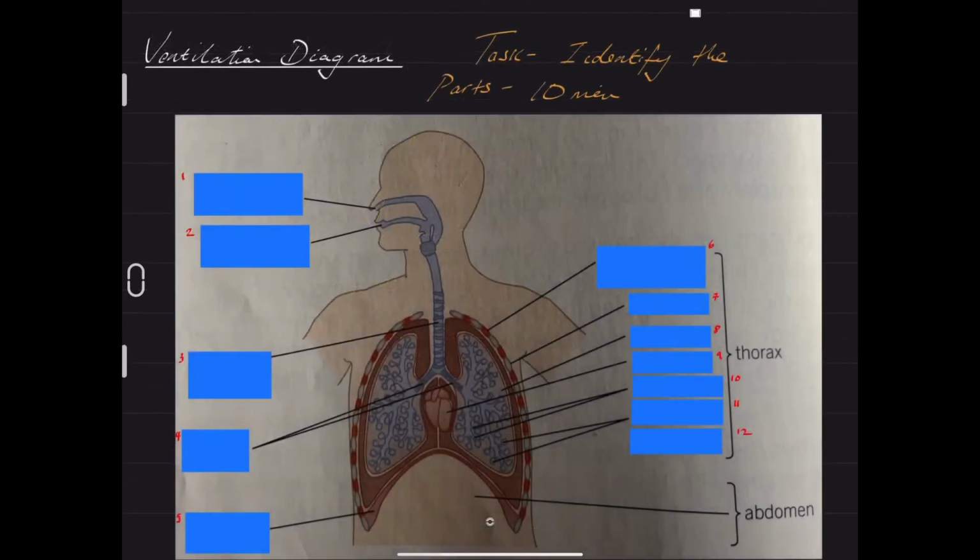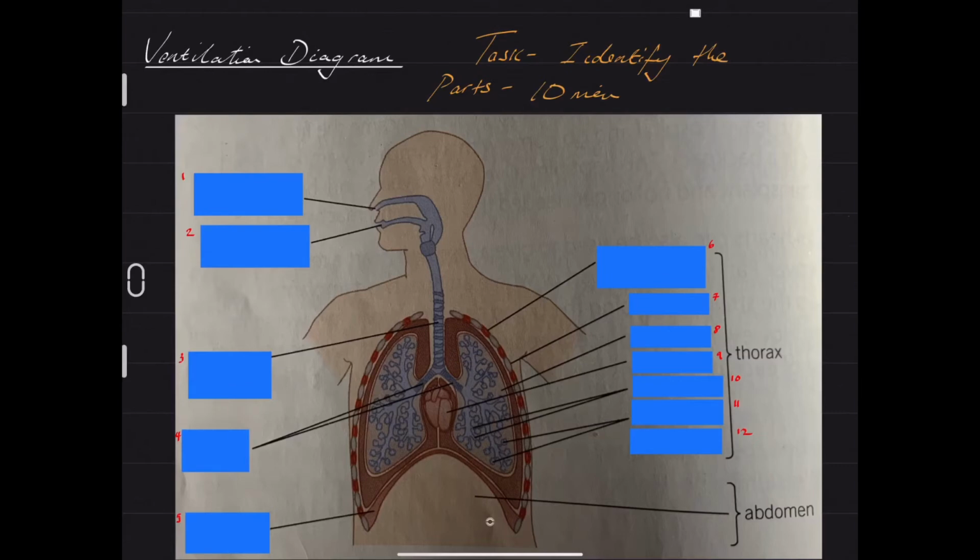Okay, so for this task, I'm going to give you a picture that you should be familiar with. And what I want you to do is identify the different regions of this diagram. I've numbered it 1 to 12.